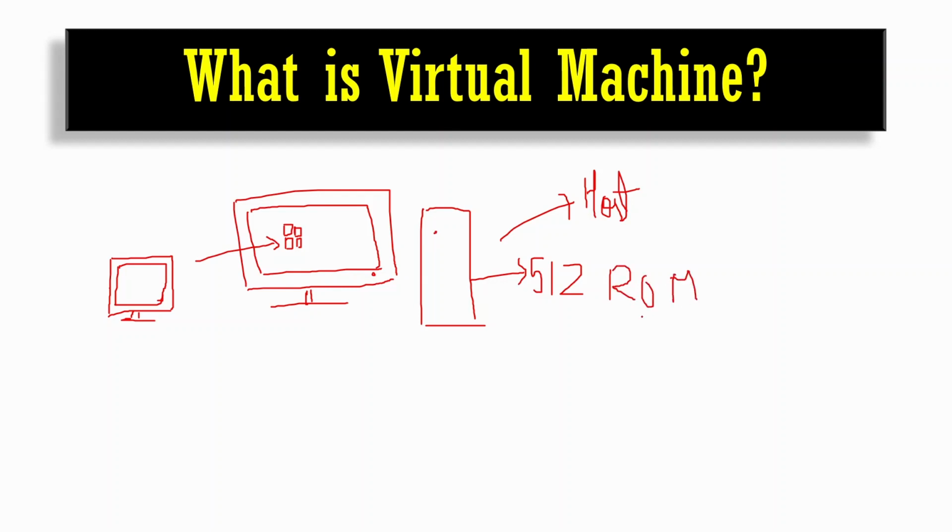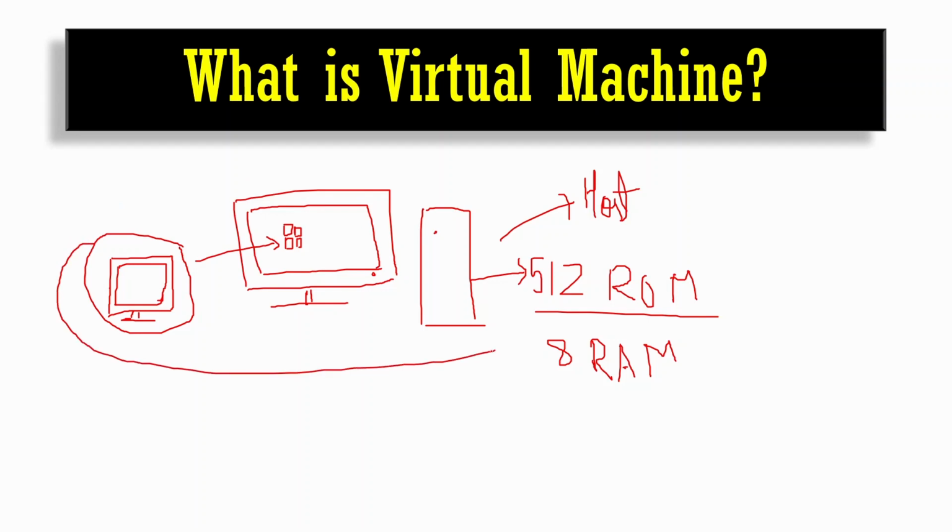So if you are installing a virtual machine, this will have ROM less than 512 GB and RAM less than 8 GB. So this will have specifications less than this computer's specifications. These are its specifications, right?